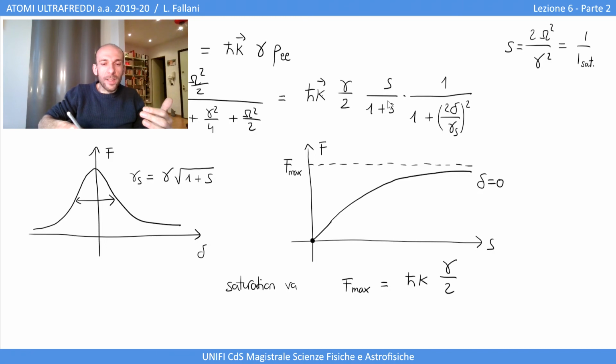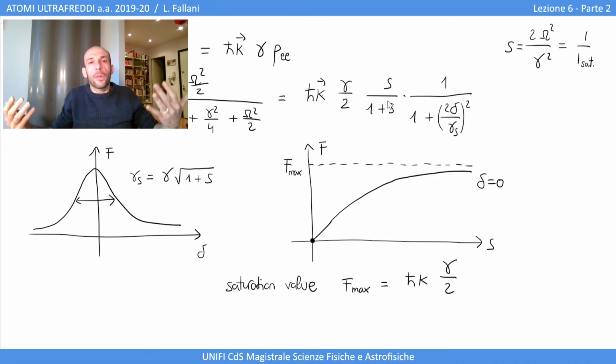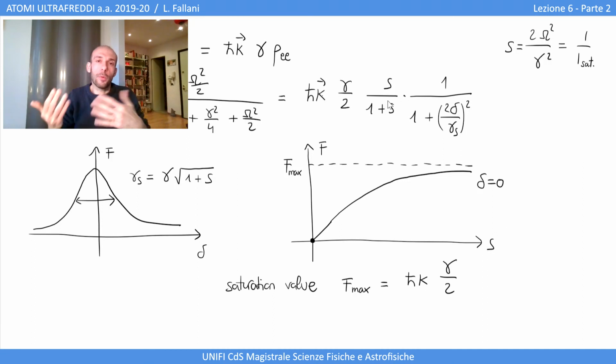So we cannot scatter the number of photons that we want. Because in the saturation regime for large intensities, the typical time associated to a cycle of absorption and spontaneous emission is given by gamma over 2. So gamma will limit the rate at which you can absorb and then re-emit photons by spontaneous emission.